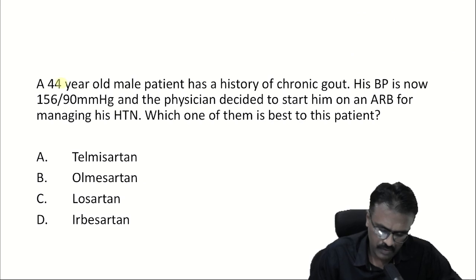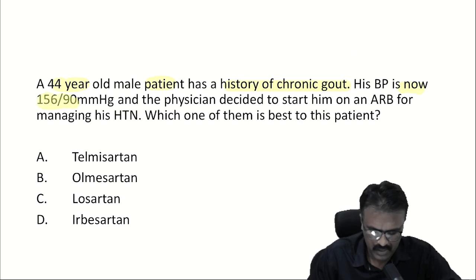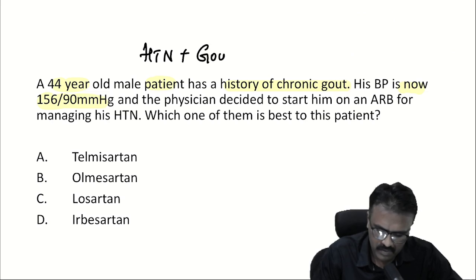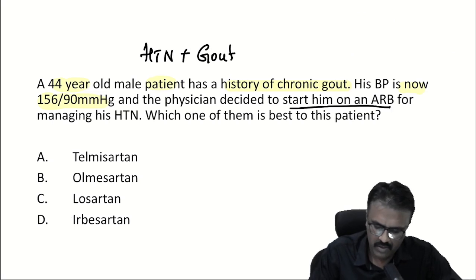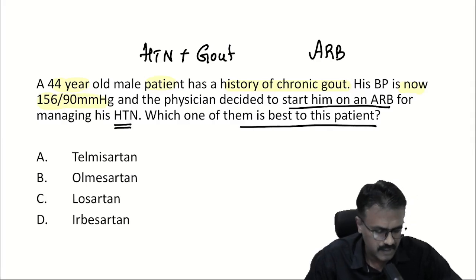Next question, 44-year-old male patient has history of chronic gout. His BP is now 156/90. So please remember, patient is having hypertension plus gout. And the physician decided to start him on ARB, which is a sartan, for managing hypertension. Which one of these is best to this patient?